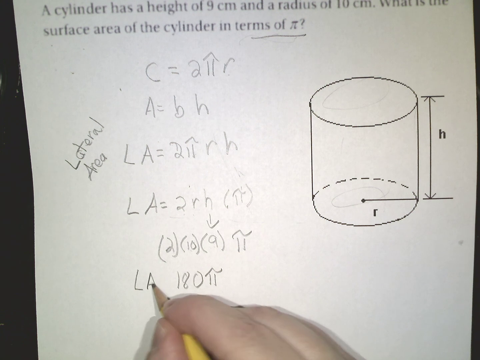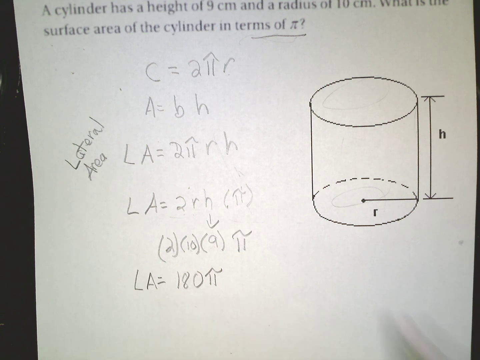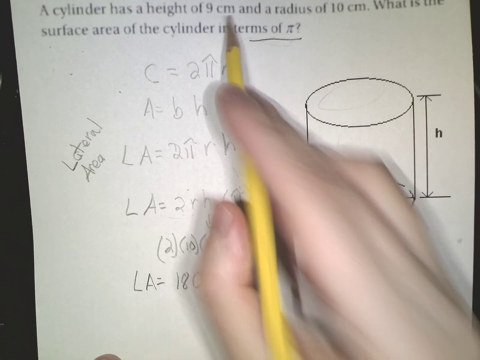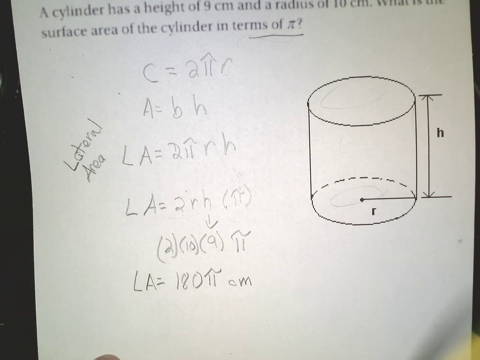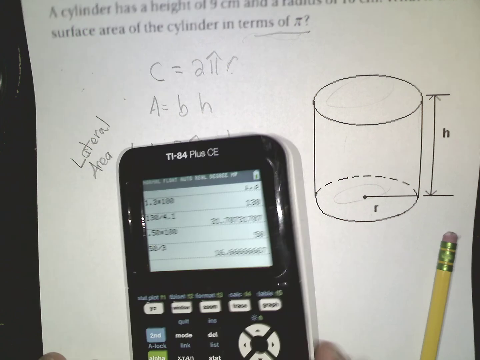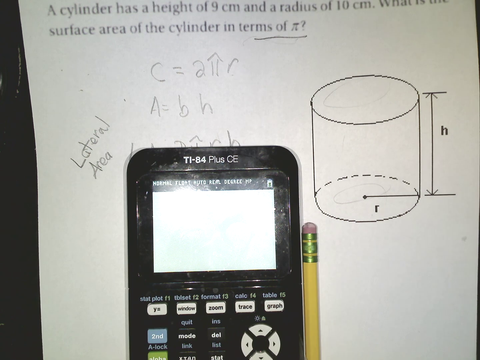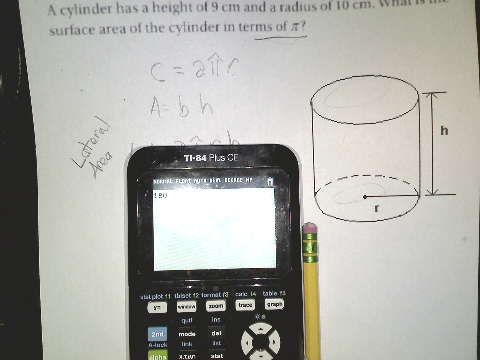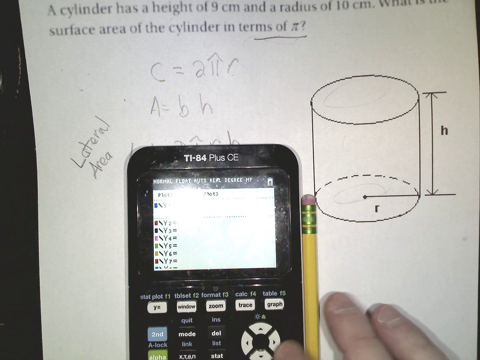So the lateral area is 180 pi centimeters squared. That's the most accurate number you get. Technically, you really can't write a number more accurate than that. Because if I do it in the calculator, and I want to find out what 180 pi really is, look at this number. Wow.